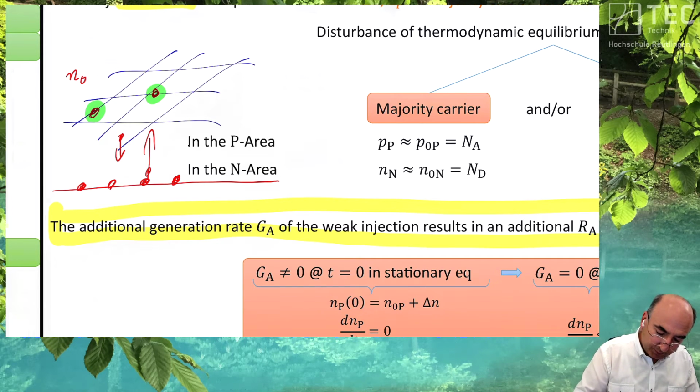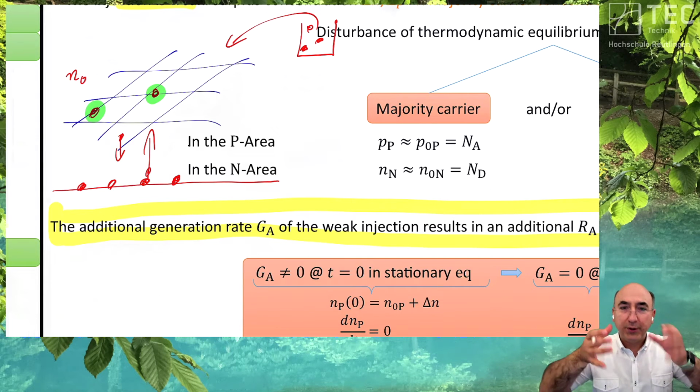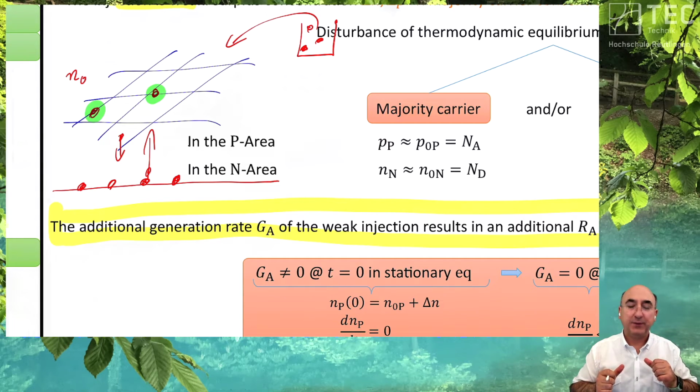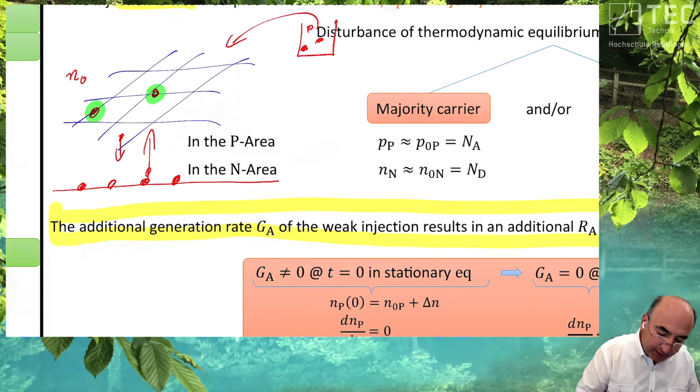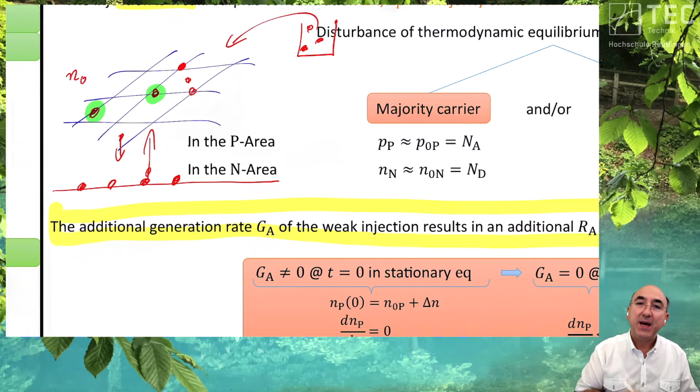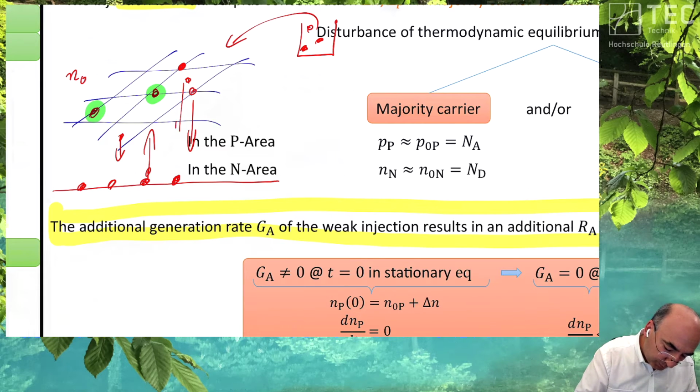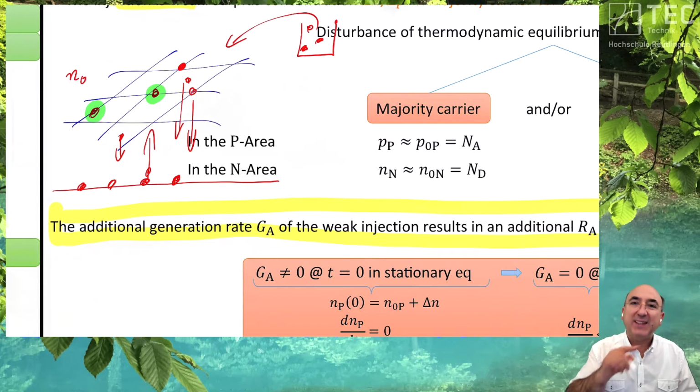Now, if you put additional balls from a bucket onto the grid, you pour them on top of this grid, you have, as a result, more on the grid, but at the same time, more which fall down, which recombine.